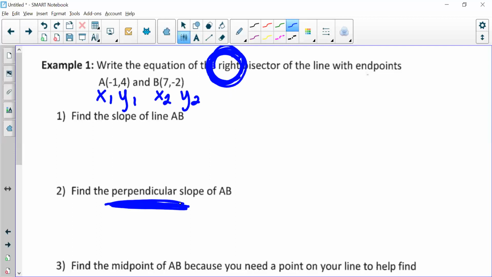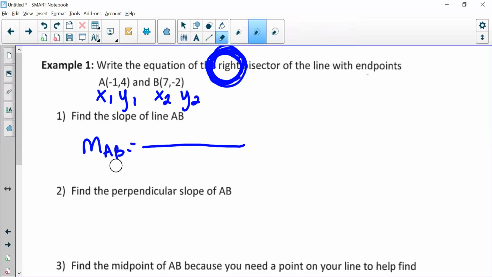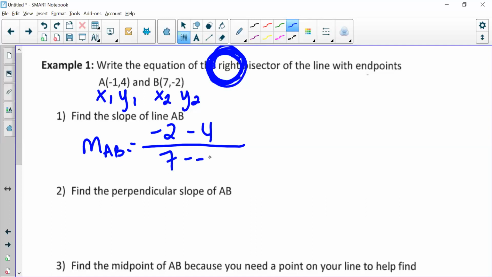Okay, how do I find slope? We just worked with this. y2 minus y1 over x2 minus x1. Fantastic. y2 minus y1 over x2 minus x1.